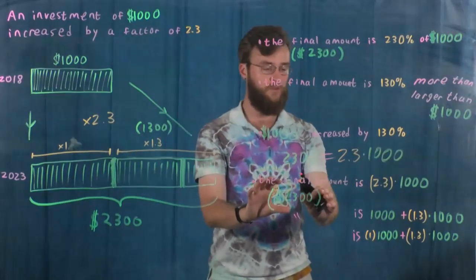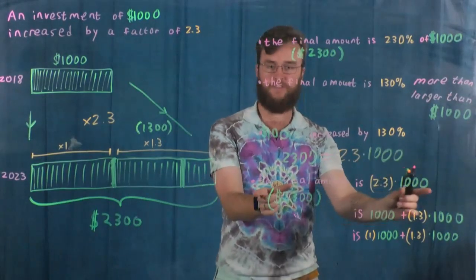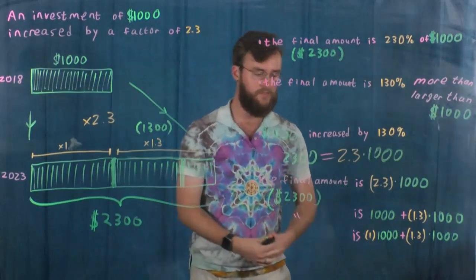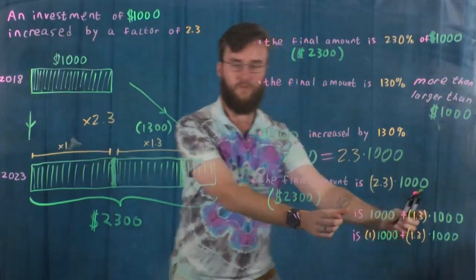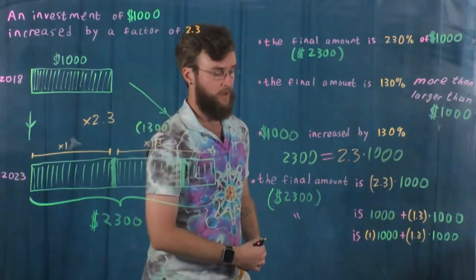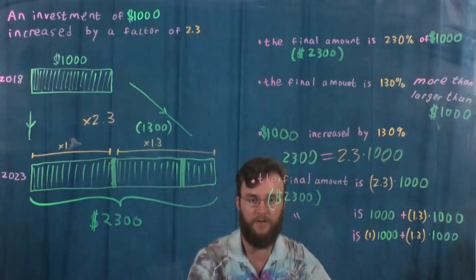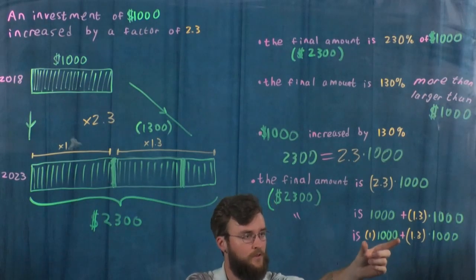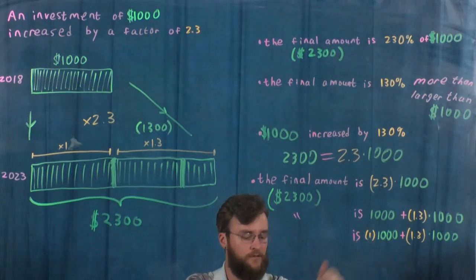So you might have the final amount is 2.3 times 1,000. What's also going to show up is you could say the final amount is also 1,000 plus 1.3 times 1,000, plus 1,300. And then usually the way this is going to show up on the foundation exam is there's going to be a little 1 in front of the 1,000 here.